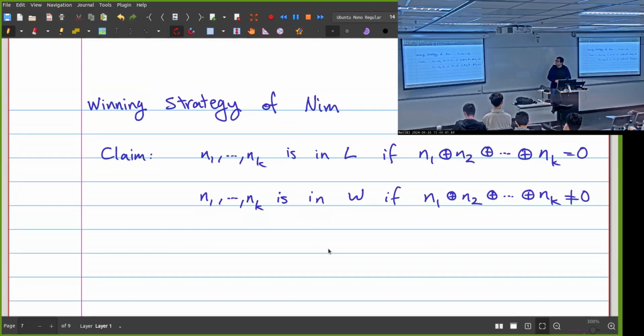So let's look at this here. If I have a losing state, according to this claimed definition of a losing state, it means that I have a state where the XOR of all of my numbers is 0. So let's say that n1 XOR n2, and so on, to nk is 0.